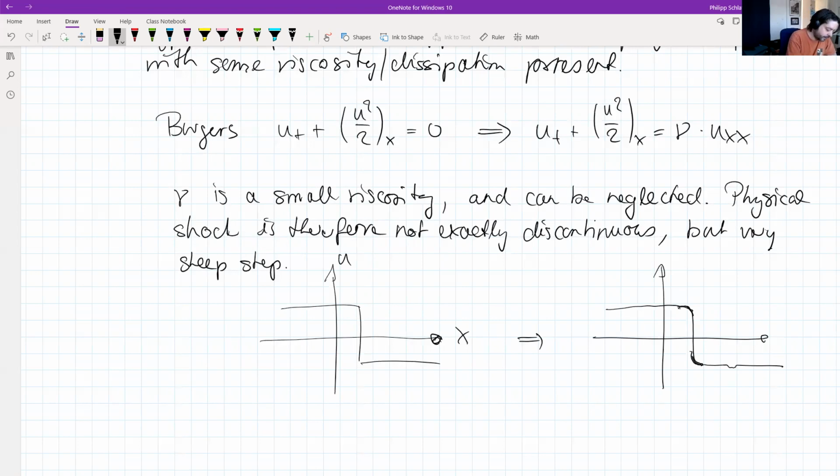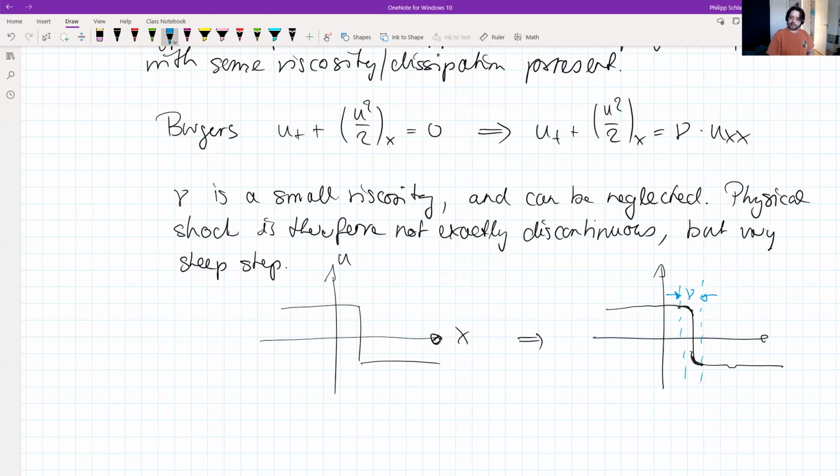And the width of this step, so the region over which the solution u changes in a continuous way, is a very small width, and I guess one can write that this is on the order of this viscosity. Of course, the units are not exactly correct, but if you normalize that in the correct way, then this will be on the order of this small parameter of the viscosity. So that means the smaller the viscosity, the steeper this step is going to be.